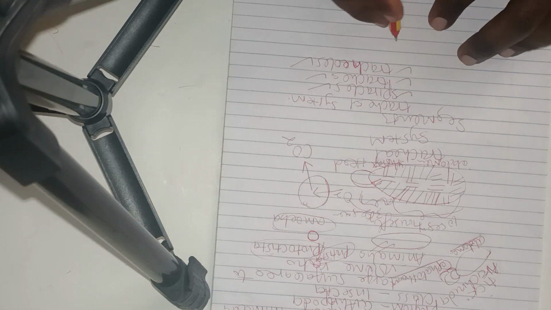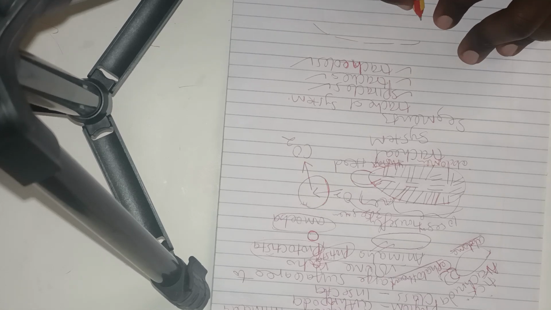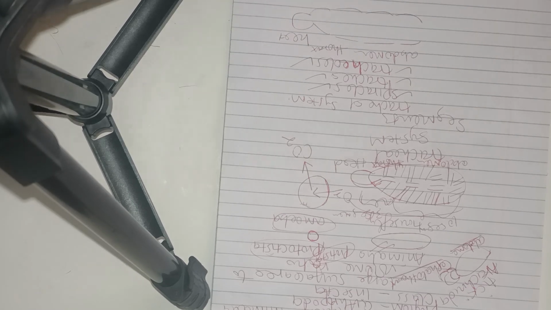To begin with, if I have this as my insect, drawing can make our understanding very easy. So we have the head, the thorax, and then the abdomen.